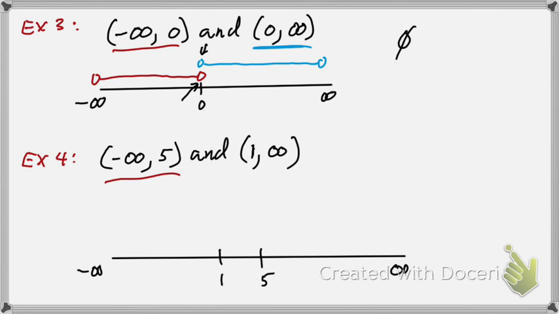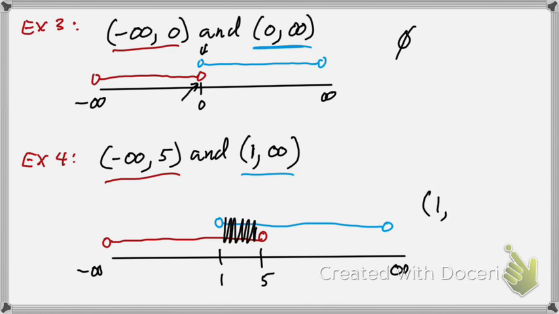This one goes from negative infinity to 5, but not including 5. And this one goes from 1 to infinity. Where's the overlap? Well, right here. So I've got what? 1 to 5.